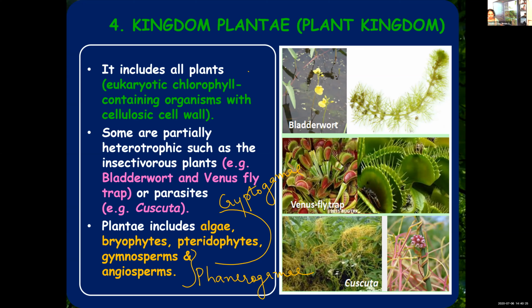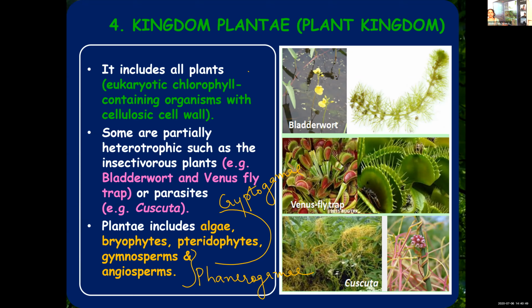As for mode of nutrition, most of them are autotrophic, but some are partially heterotrophic. Some feed on insects, some depend upon other plants and lead a parasitic life. Cuscuta is a plant parasite, and insectivorous plants are bladderwort, Venus flytrap, etc.